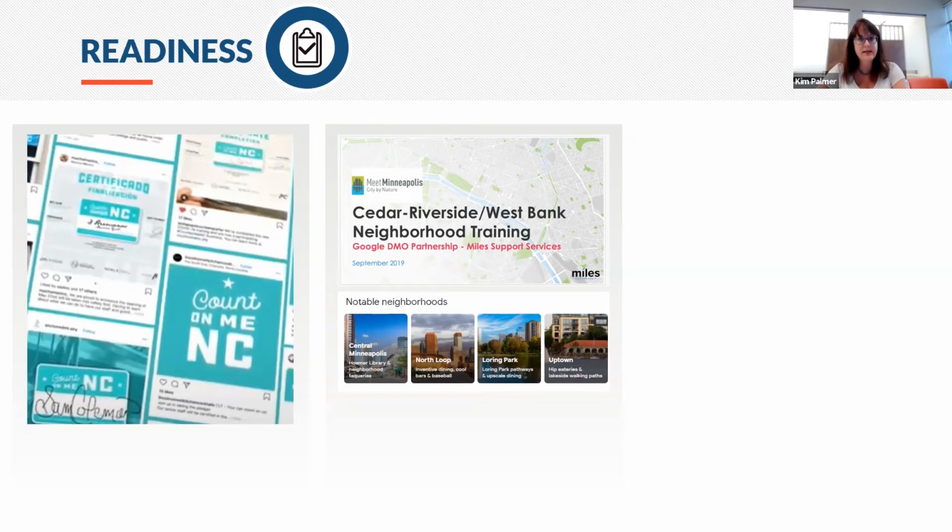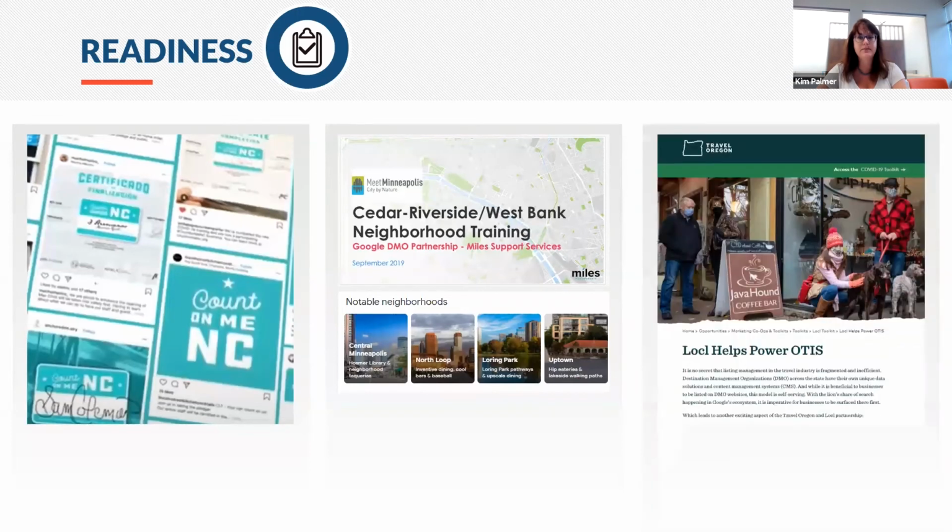Now, this actually was prior to the unrest of last year, and Meet Minneapolis has said that this program really helped lay that foundation of trust with those communities, which is now being used to build new marketing and outreach for those locations.